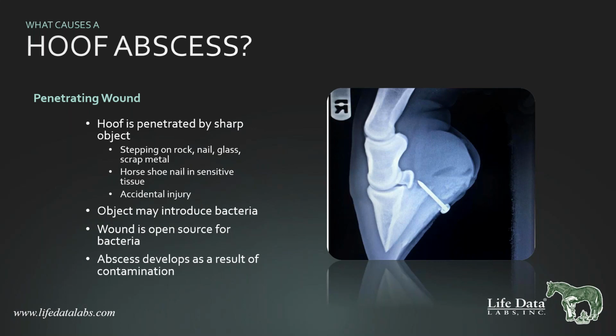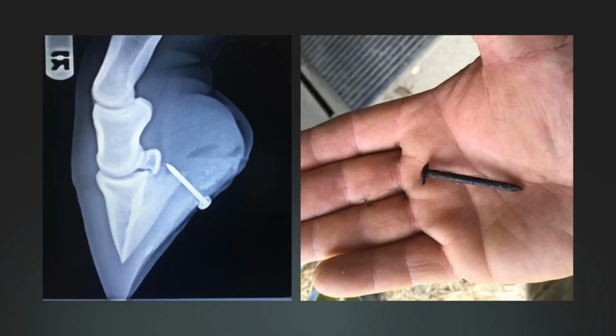So we also have to think about those and the abscessing problems they can cause, as they may introduce bacteria into the horse's feet. They truly are of a very high priority and need to be treated immediately as well. So that's our caption on the penetrating wound, and you can see from the radiograph on your left what that object truly was: a large roofing nail in the bottom of that particular horse's foot.